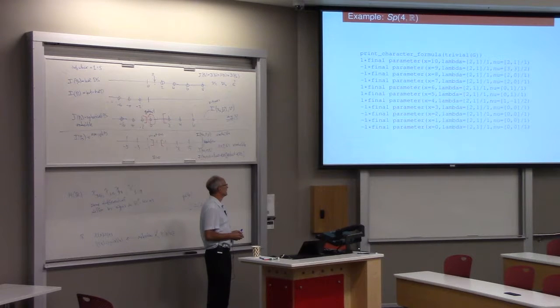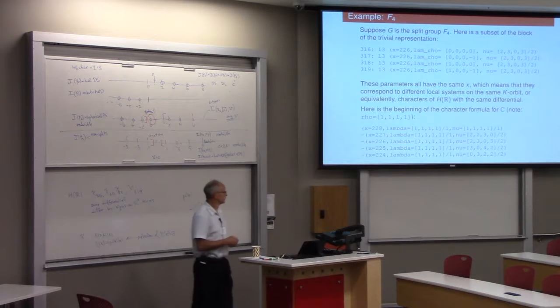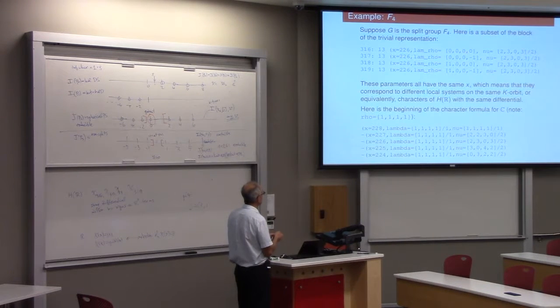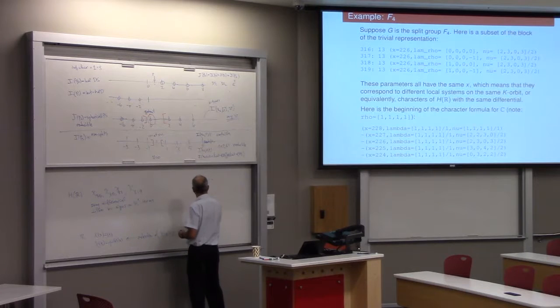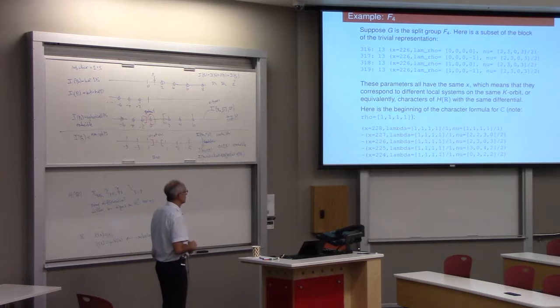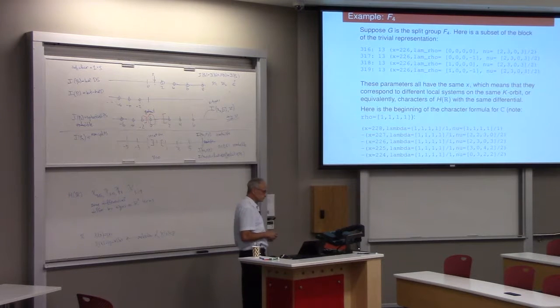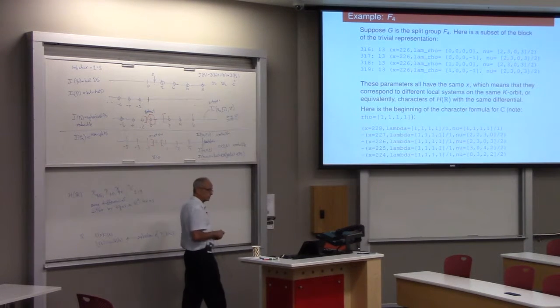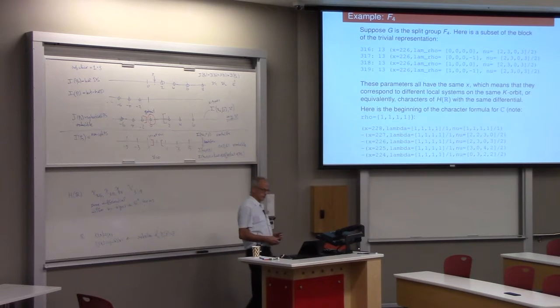So how do I read from this what the M character is? These are principal series, am I wrong? No, I don't think so. Okay, then, no, they're not. So they're on some intermediate Cartan. I don't want to try and print it out.